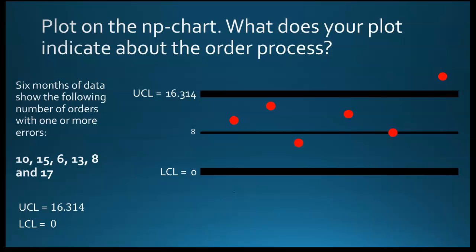So we're fine there. But that 6th piece of data, that 17 that we plotted, was above our upper control limit. And so since at least one piece of data is outside of our limits, the entire process is out of control.